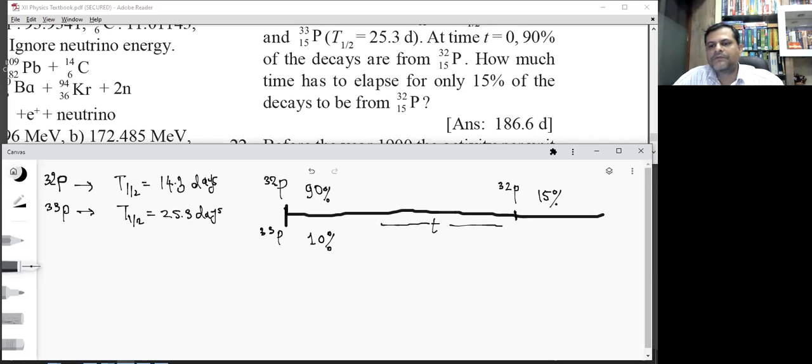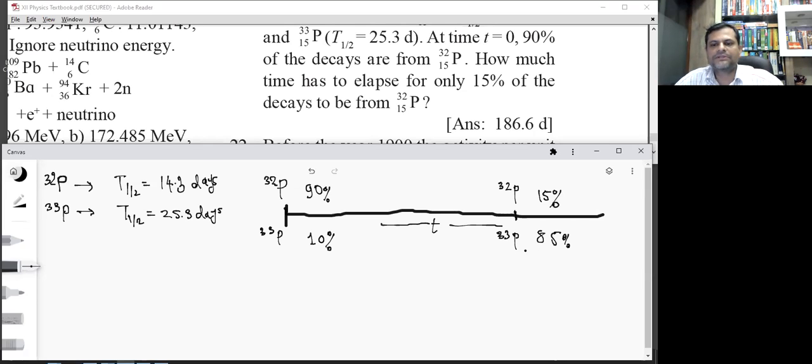That means only 15% of atoms or nuclei of mass number 32 are showing the activity in this case, whereas the remaining 85% of the nuclei out of the total, of the 33 atomic mass number phosphorus, will be showing radioactivity.